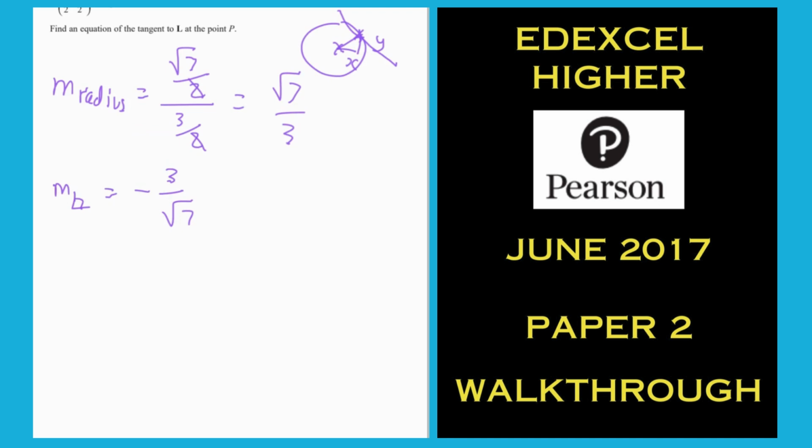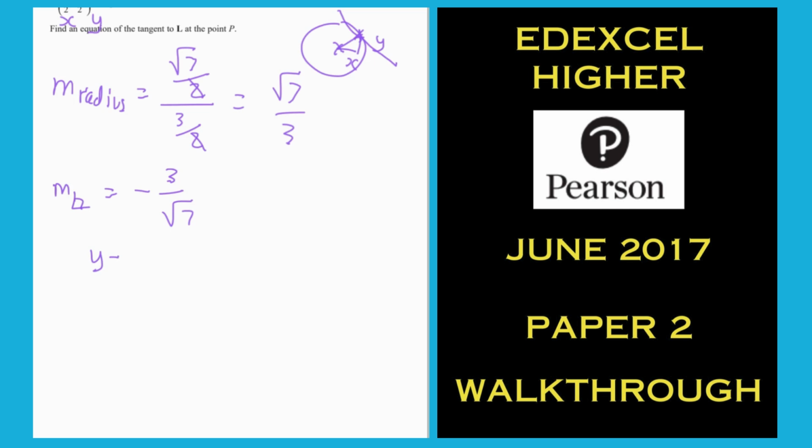So you've now got the x and y coordinates. You've also got the gradient. You can either y equals mx plus c it, or use y minus y1 equals m into x minus x1. I'm going to do that one, just because on my previous video I did y equals mx plus c.